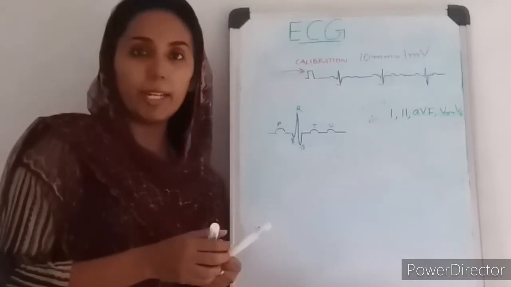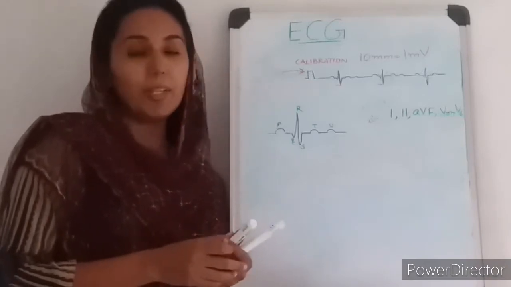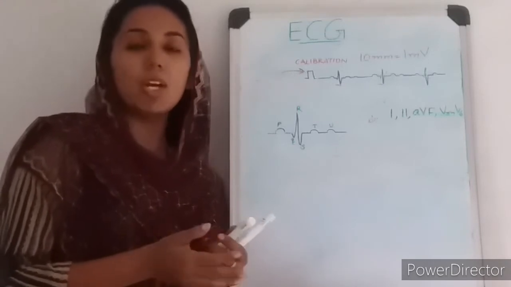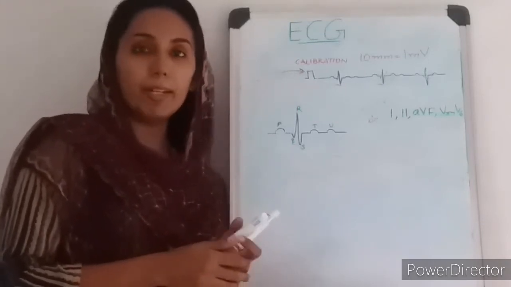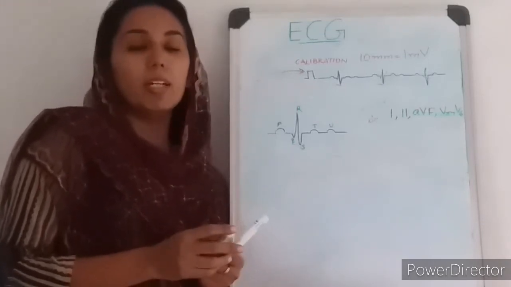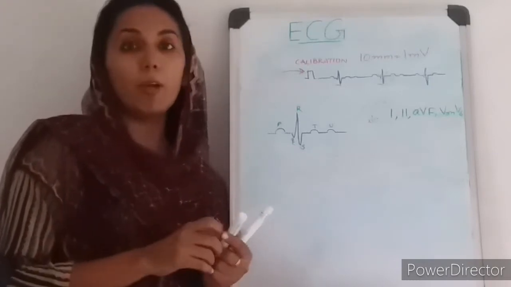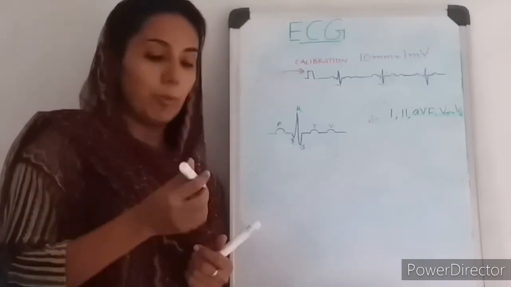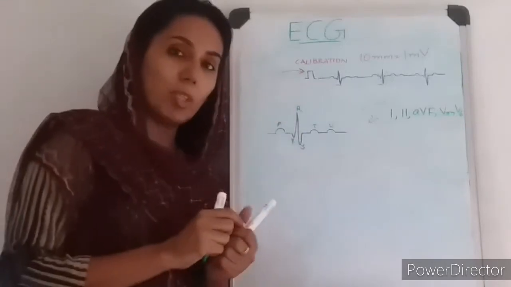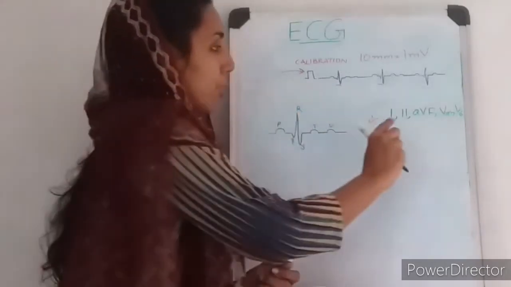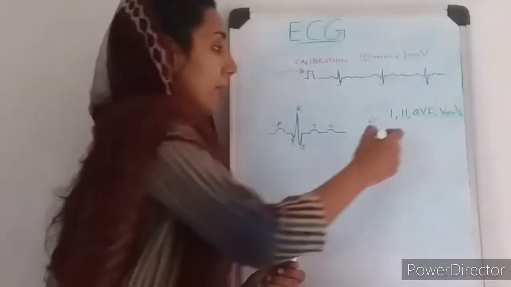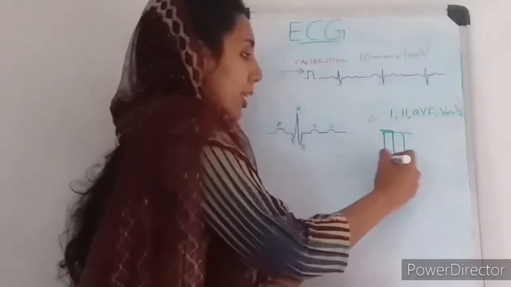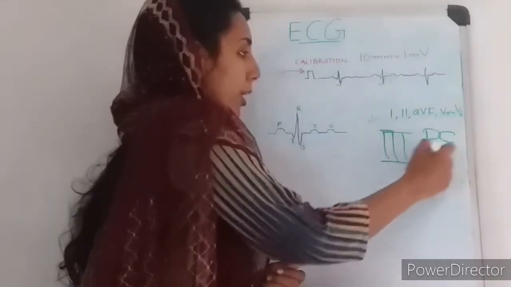It is seen in so many conditions like MI, RVH, LVH, left bundle branch block, etc. It is also seen in case of cardiomyopathies. And a very important question for aspirants is, if you see a pathological Q wave in lead 3, I told you it is normally not seen in lead 3, but if you see it, please suspect pulmonary embolism.